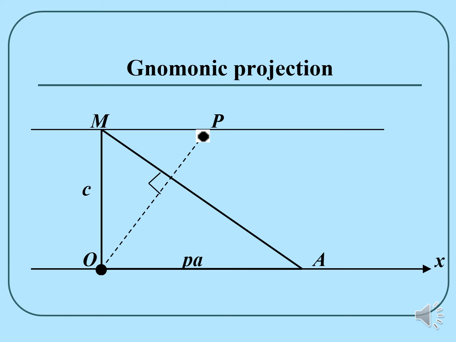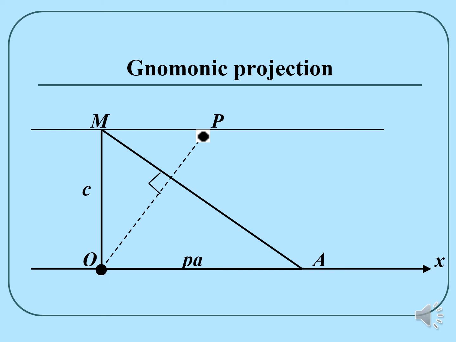ME is the track of the plane of gnomonic projection on a plane drawing. MI is the track of the crystal face cutting the coordinate axes in pieces pa and c, where p is an integer.